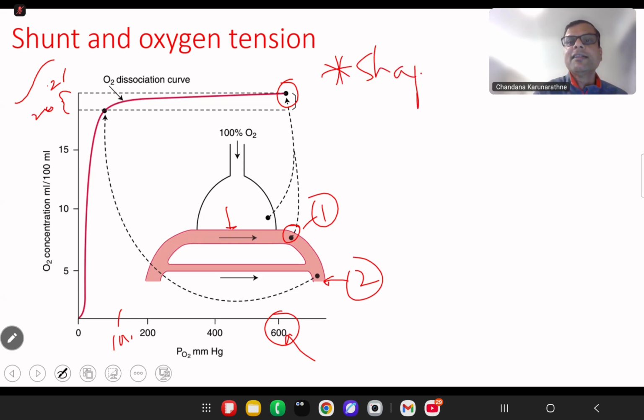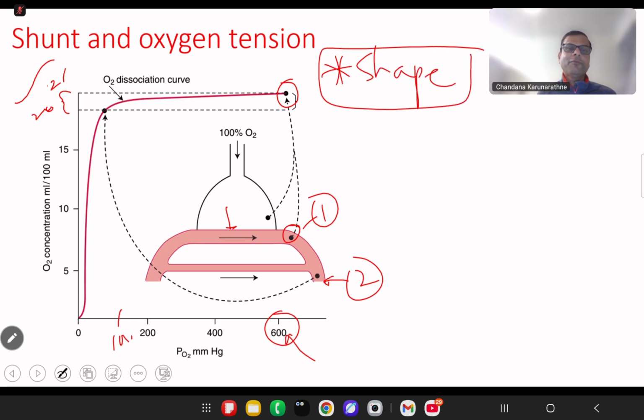So when somebody asks in the exam, if you mention because of the shape of the oxygen dissociation curve, the shunt, that is the answer. These are the key things when you answer in the viva. Even if you don't understand what it means, you get marks because the examiner will think, okay, he knows what he's talking about.